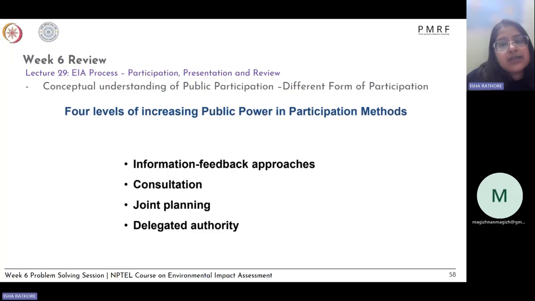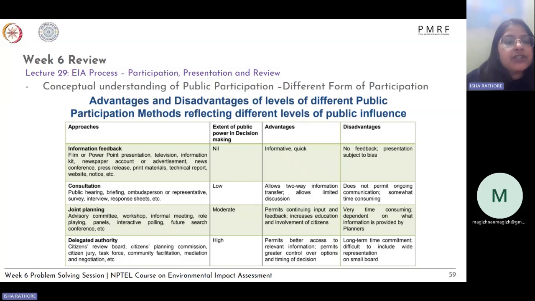Then there are four levels of increasing public participation, public power and participation methods: information feedback approaches, consultation, joint planning, and delegated authority. Information feedback is any sort of film or PowerPoint presentation, television, information kit, newspaper accounts or advertisements, news conference, press release, print materials, technical report, website notice, etc. By this, you basically make them aware about the kind of development which is going to happen.